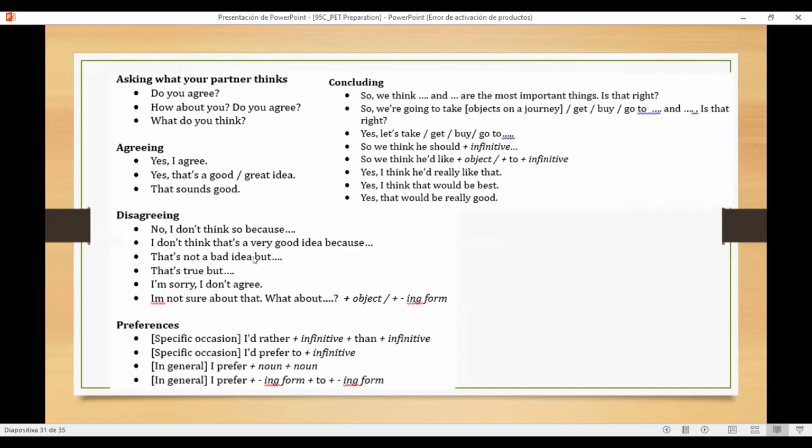We also have some other phrases, for example, when you agree or disagree to something, para decir que ustedes están de acuerdo con lo del compañero o no están de acuerdo con lo que dice su compañero, podemos utilizar este tipo de frases que tenemos aquí. Here we have some interesting phrases. You know most of them.